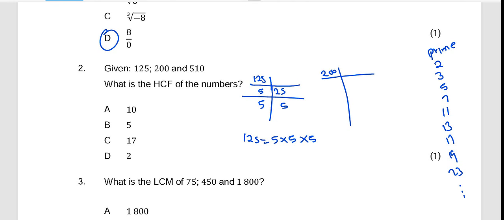And then we have 200. Does 2 go into 200? Yes, 100 times. Does 2 go into 100? Yes, 50. Does 2 go into 50? Yes, 25. Does 3 go into 25? No. 5? Yes, 5 and 5. And then we have 510.